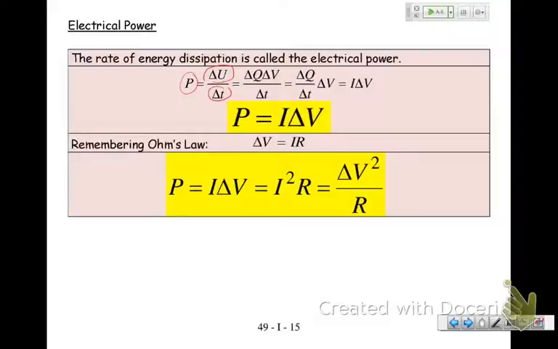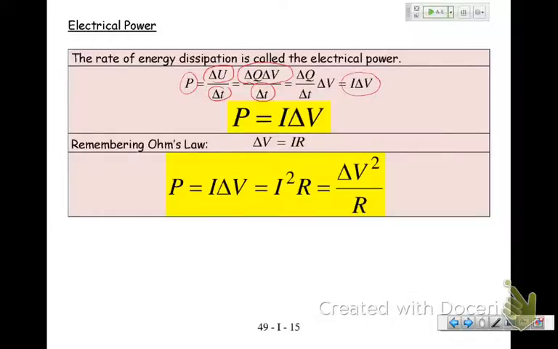Well, I know that for an electrical system, the energy is the charge multiplied by the potential difference, which is delta q multiplied by delta V over delta t. And then I turn around and say, well, delta q over delta t is my definition of current.